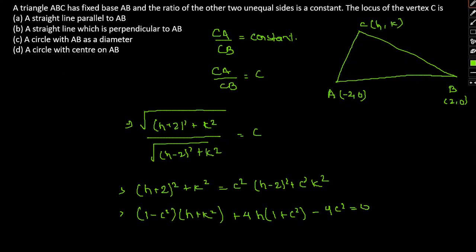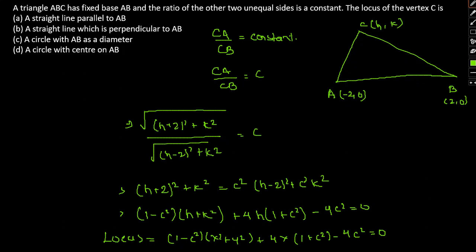So simply, the locus will be (1 minus c square)(x square plus y square) plus 4x(1 plus c square) minus 4c square equal to 0.